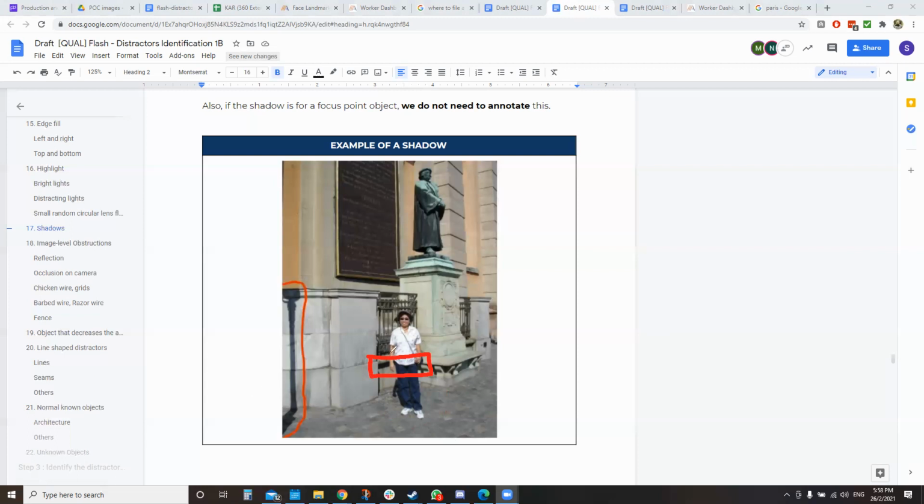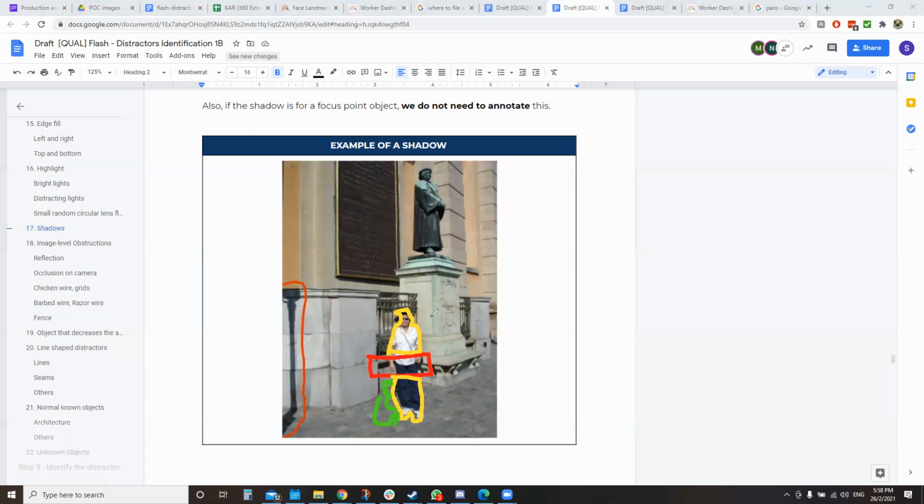You'll draw like this, and then you'll draw like this. And then if there is a shadow behind the distractor, you will draw the shadow, and then you will relate it to this distractor.